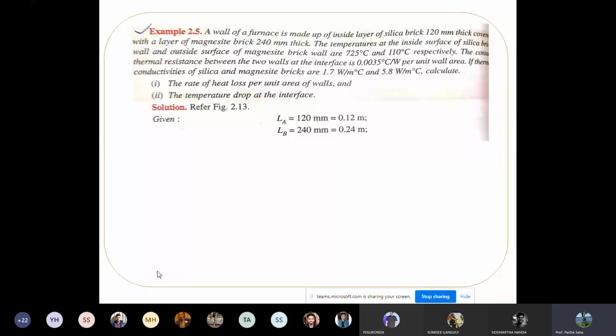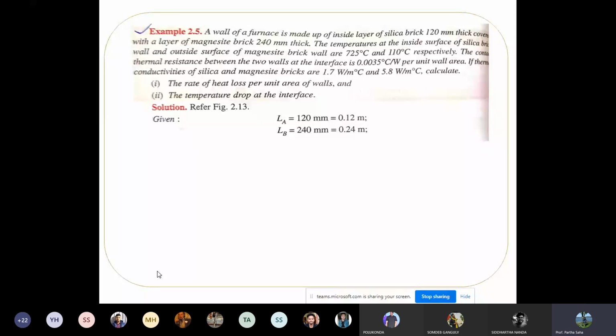There is a contact thermal resistance between these two walls at the interface, given as 0.0035 degrees C per watt per unit area. If the thermal conductivities of silica and magnesite are given as 1.7 watt per meter C and 5.8 watt per meter C, calculate the rate of heat loss per unit area of wall and the temperature drop at the interface.